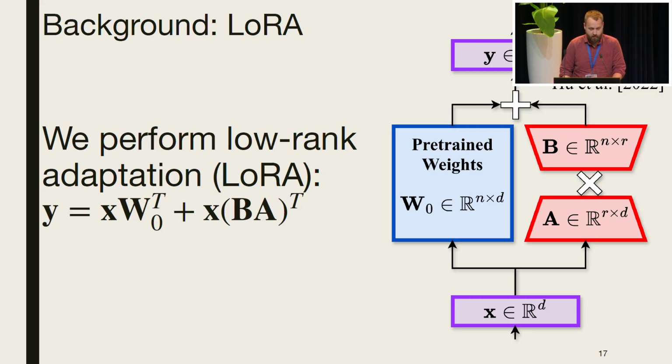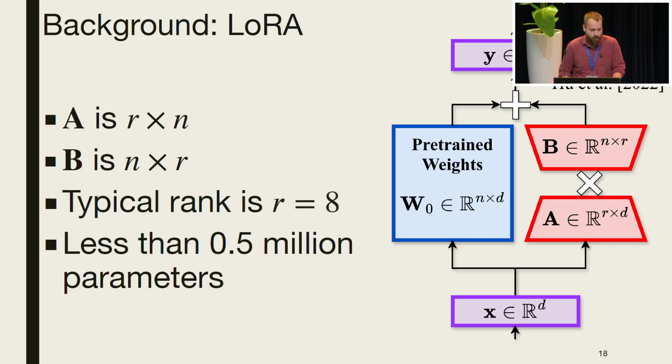So we leave the original weights W fixed, and we learn these low-rank factors A and B, which you can think of as a low-rank update to the weights W. And these factors share a common rank R, which is typically very small, on the order of like 8 or 16, which means that these new parameters that we're learning are less than 500,000, which gives us significant savings and makes training the models, or fine-tuning the models in this case, a lot more tractable.